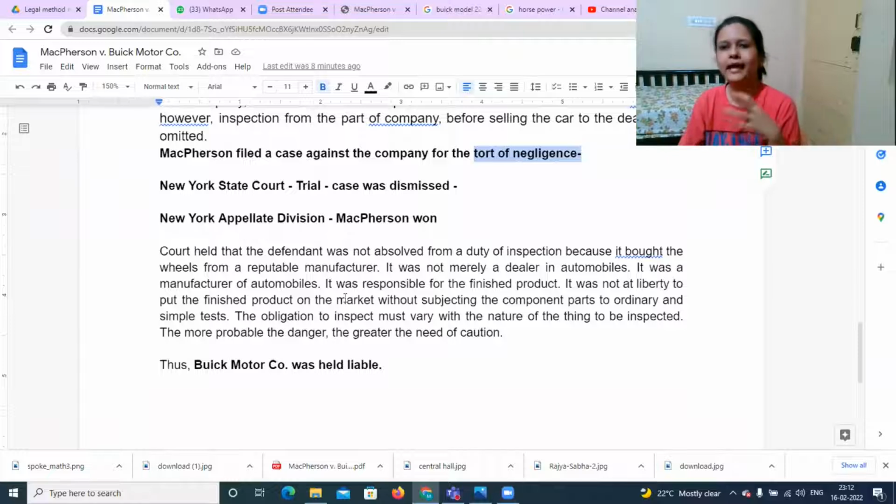So when they are the manufacturer, they are giving the final product to customers. They have a responsibility to inspect that everything is fine. It was not at liberty to put the finished product on the market without subjecting the component parts to ordinary and simple tests. Many tests would also be done. If they have omitted it, that is their negligence.